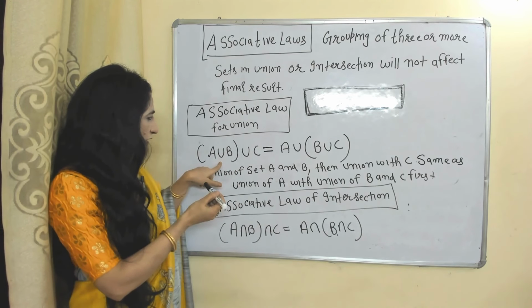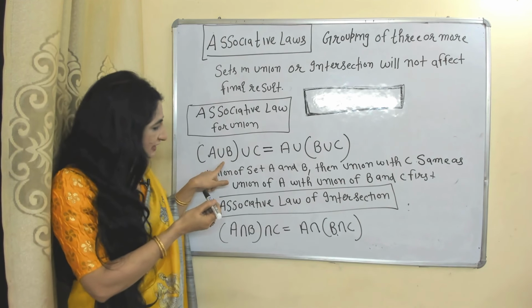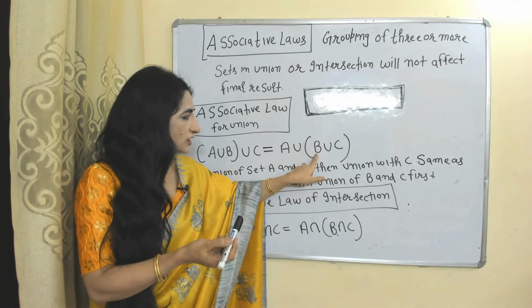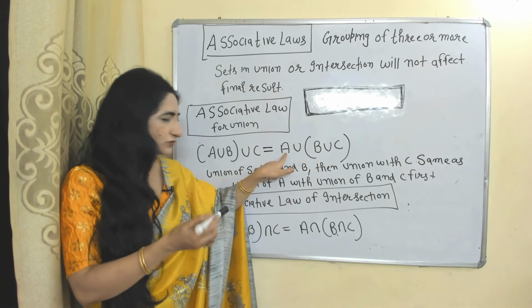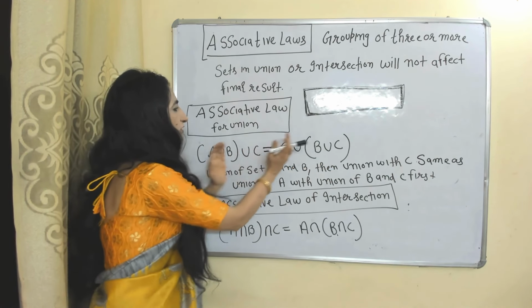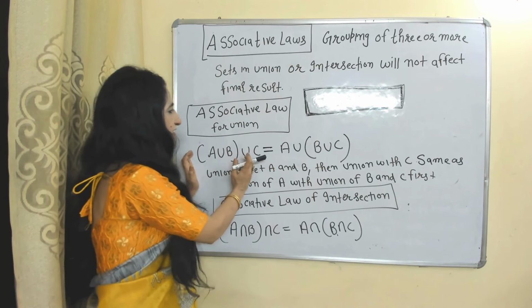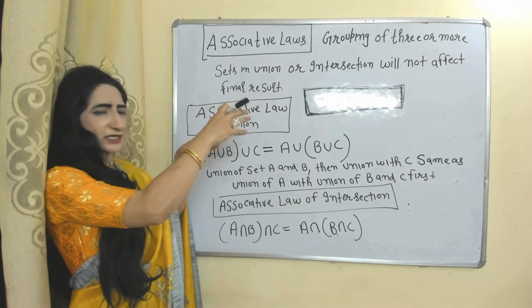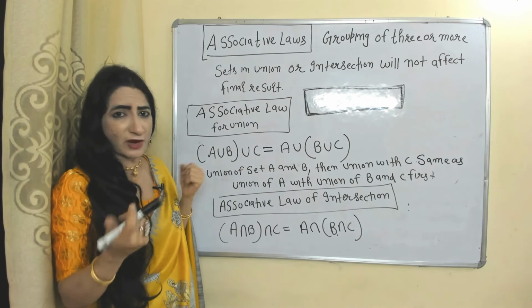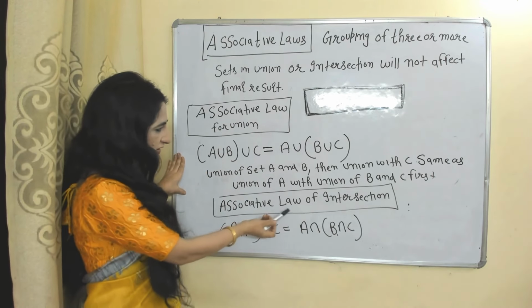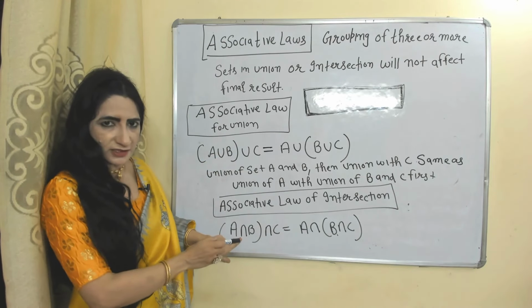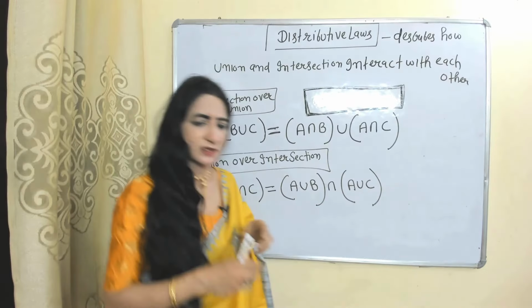That means first of all we will do A union with B, then we will do union with C. Similarly, first of all we will do union B with C, then we will do union with A. But these both are exactly equal to each other, because grouping of 3 or more set in union or intersection will not affect final result. Similarly, this is associative law of intersection. Here in place of union we have intersection, but meaning is same.